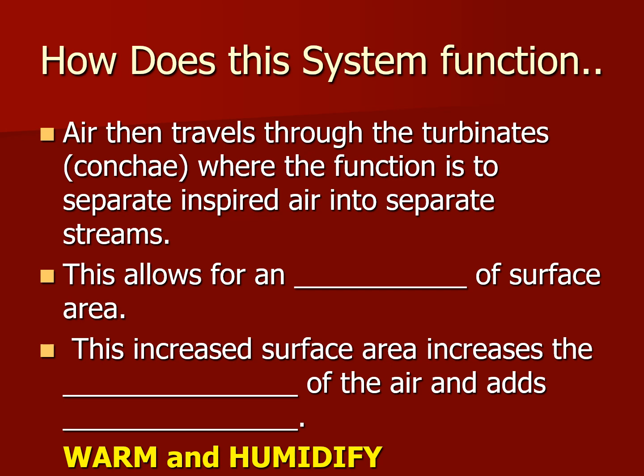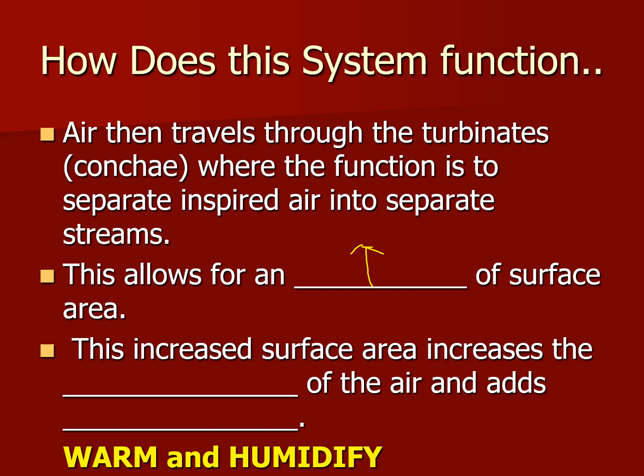So how does the system function? Well, when air travels through the turbinates, through those concha, it's going to separate into streams, and it allows for, and what of surface area? Do you remember? Said it before. It increases surface area, because we're having that curvature, we're adding to that surface area.